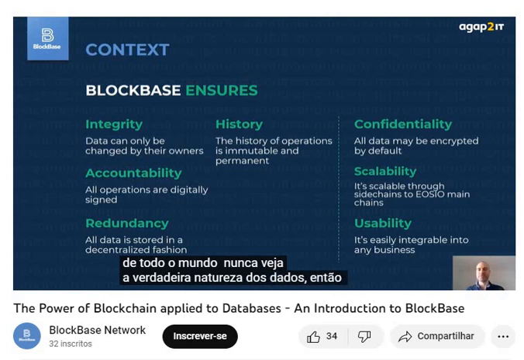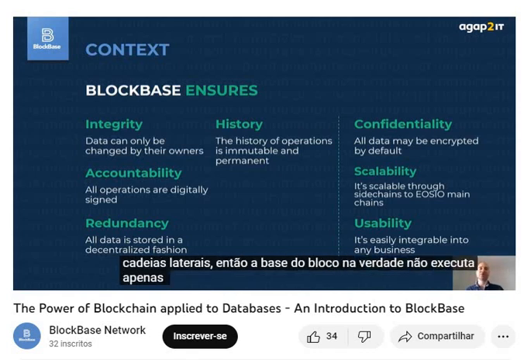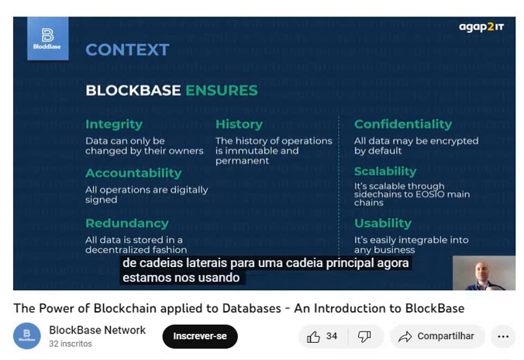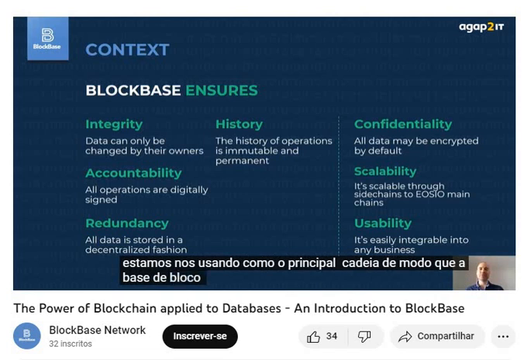So the scalability part is done through sidechains. BlockBase, in fact, doesn't run just one main chain. It runs any number of sidechains to a main chain. Now we are using EOS as the main chain, so BlockBase runs as many sidechains as needed to the EOS main chain.